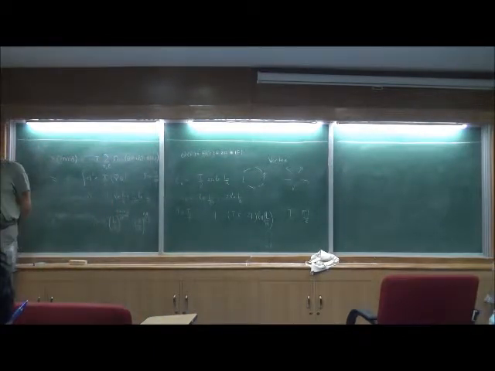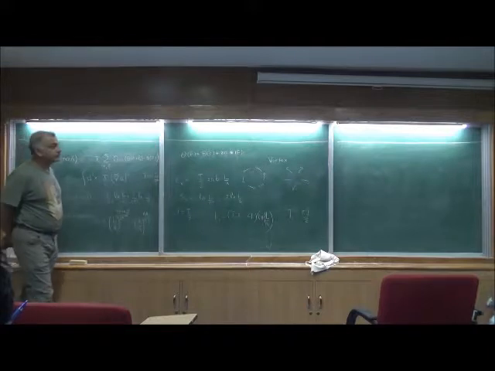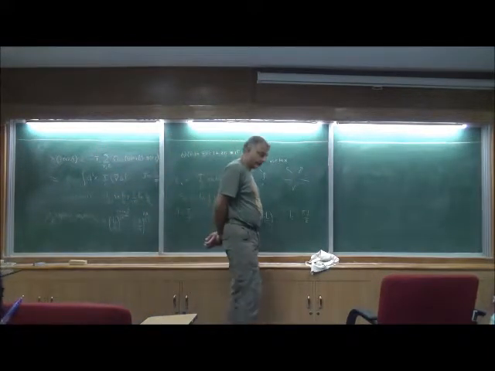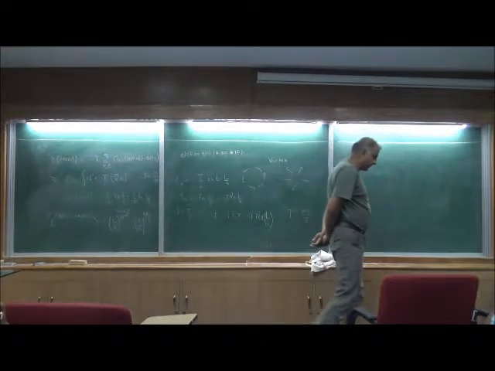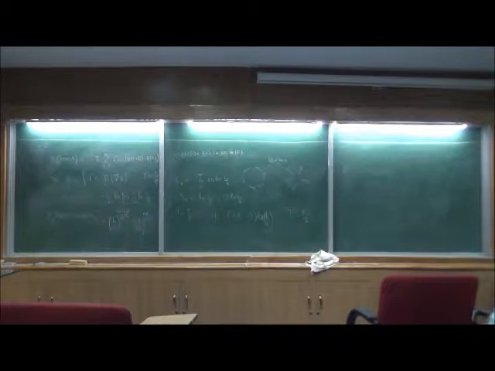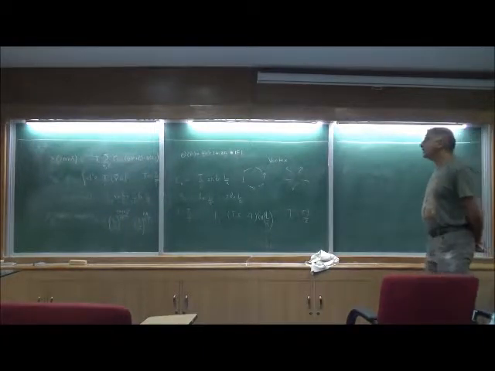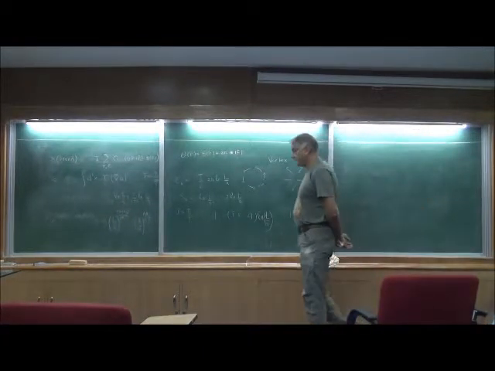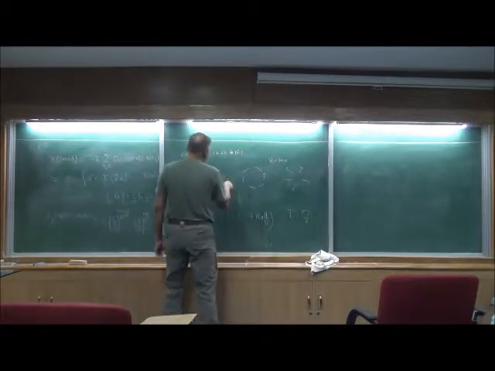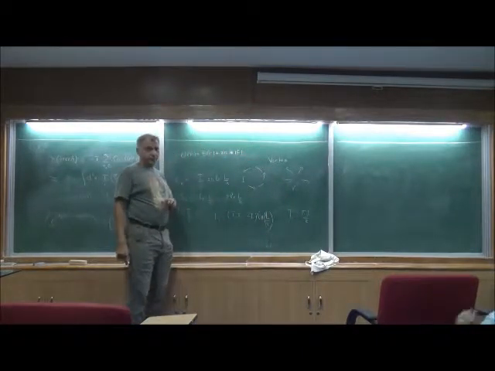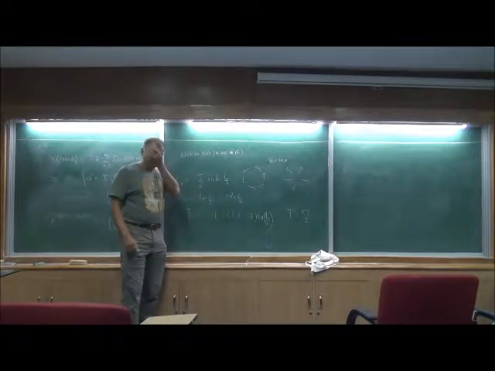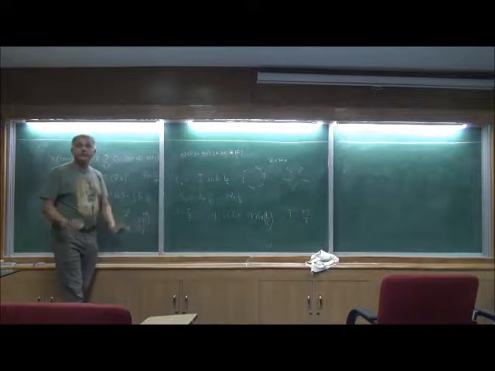But that's what I was saying, that the vortices in a superconductor, unlike these vortices, actually have finite energy. Their energy goes something like this, but the length that appears there is not the system size. It is the penetration depth. So it's a finite energy.